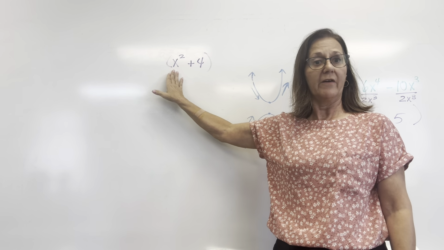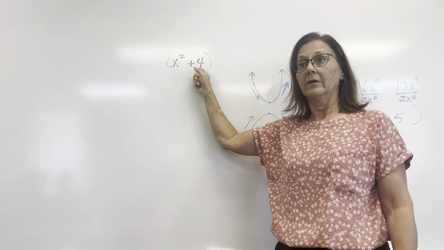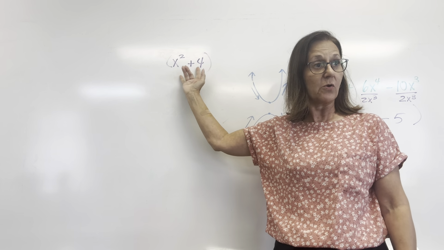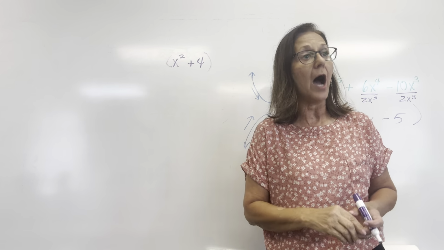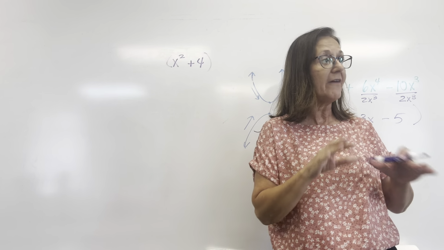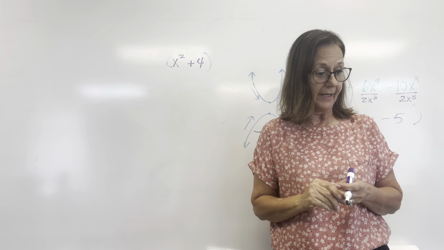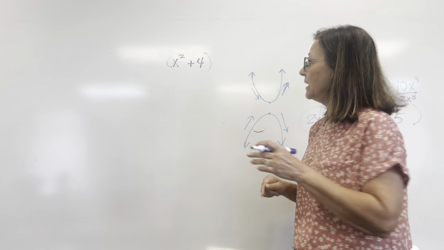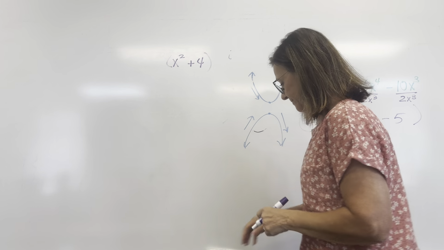What's the square root of x squared? X. What's the square root of 4? 2. That's why they're perfect squares. When we add two perfect squares, they are not factorable. You cannot factor them. The solution is actually imaginary. So, we have imaginary solution.